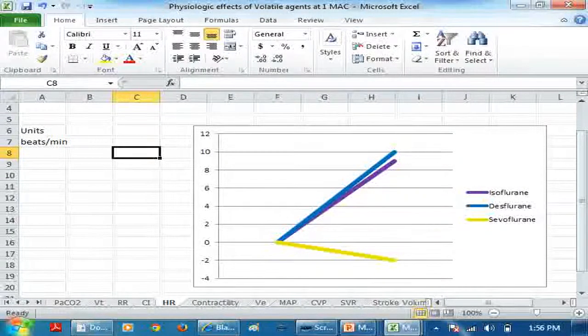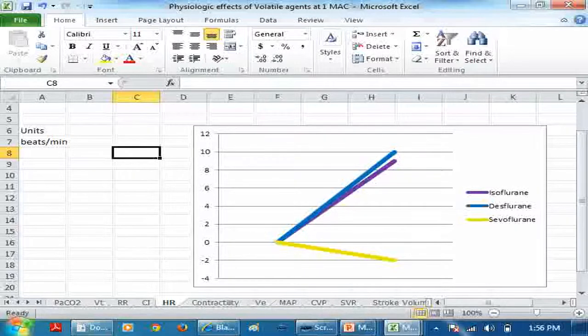Has anyone here followed anyone in the OR and they increased the desflurane, and for the next 30 to 40 seconds saw that increase in heart rate? Has anyone seen that? Sure. In those pictures here in PowerPoint, ISO has greater effect on rate.